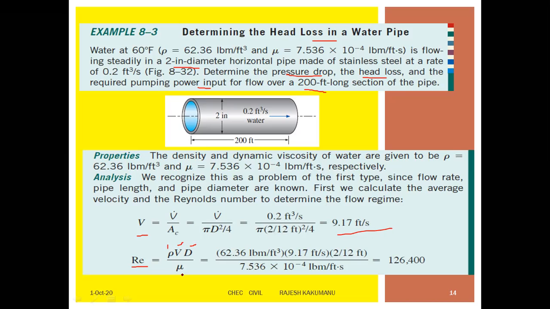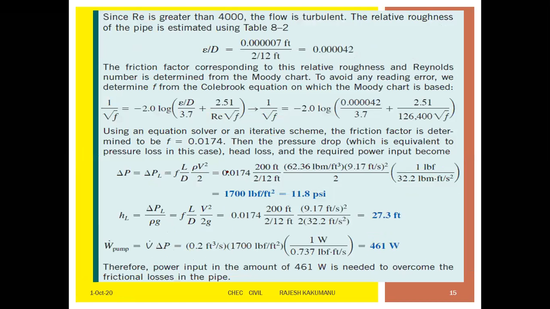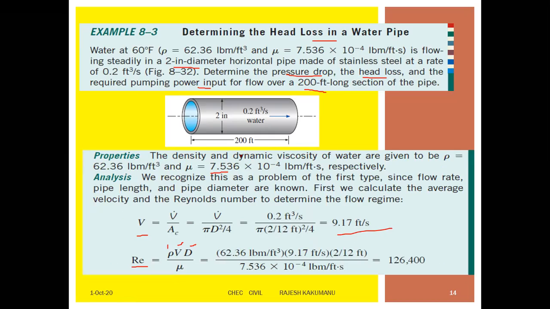So the mu value is whatever the given question value, that is 7.536 into 10 to the power of 4. Right? So what is the value you are getting? The value is 1,26,400, that is the Reynolds number. So which is obviously a turbulent flow.